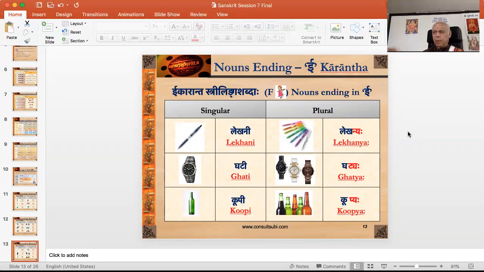Kupyaha, many bottles, many containers. You see how the plural is ending? It's ending in yaha when it is a feminine gender ending in e. So depending on the ending of a noun, the plural follows a certain rule. Lekani lekanyaha, gati gatyaha, kupi kupyaha. So you can apply it for many other feminine nouns also.